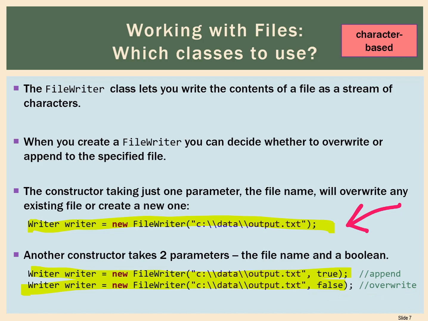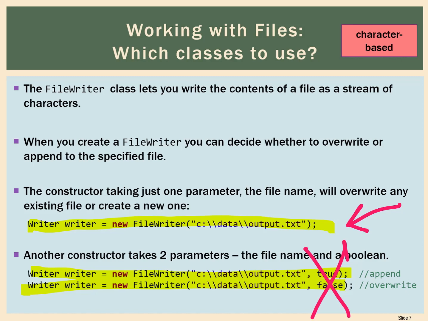Now, I did this to show you how to use the second constructor, but in practice, I really don't want you to put in true and false. True and false means that someone who's unfamiliar with FileWriters has to figure out, am I in append mode or am I in overwrite mode? The best thing to do would be to declare a constant.